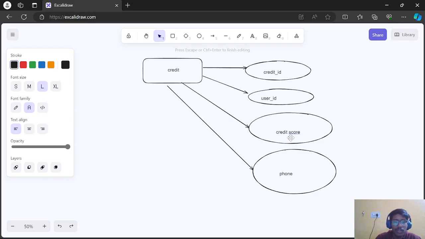It provides the user's financial health and risk assessment for the lenders, which in this case can be merchants or anyone. The last attribute is the limit, which defines the amount of credit that the user can utilize. Moving on to the next entity, the product entity.